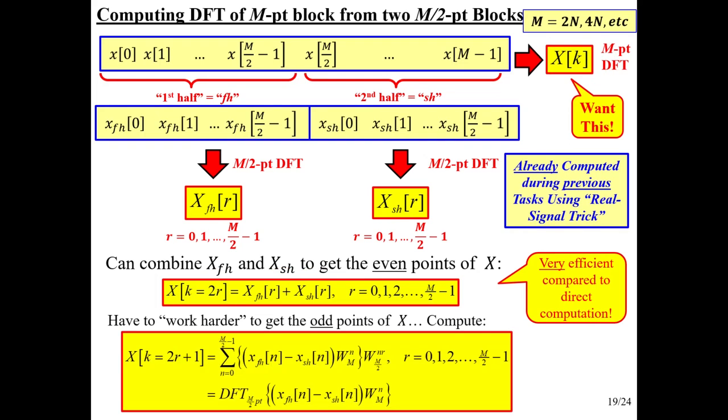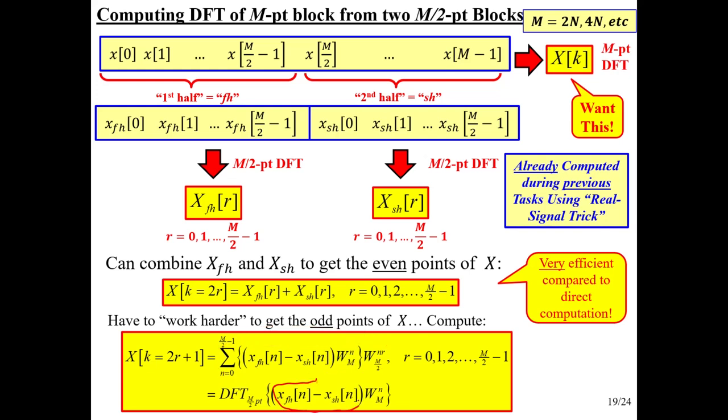And we have to work harder to get the odd points. So first, we can't do it without doing a DFT, but we can do it using a shorter DFT, as we'll see. We have to form this difference. We have to do this product, and we have to then compute this DFT. So that's what I have down here.